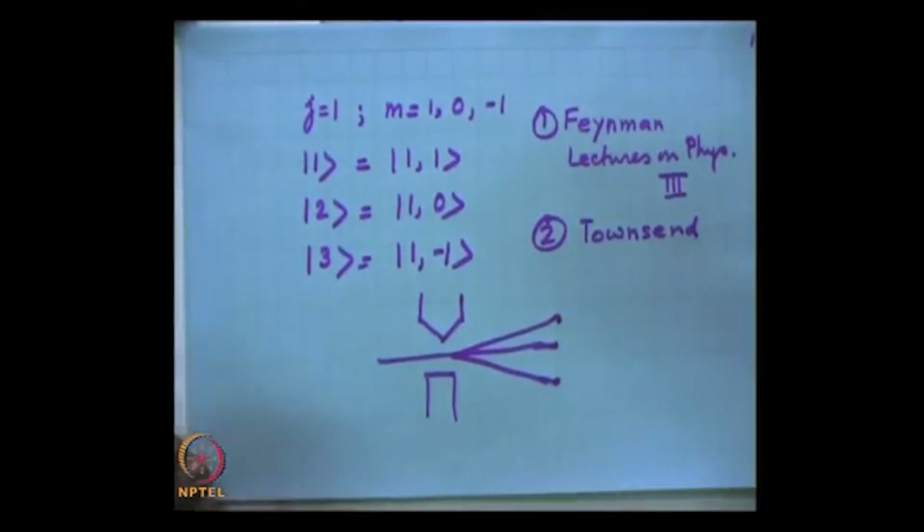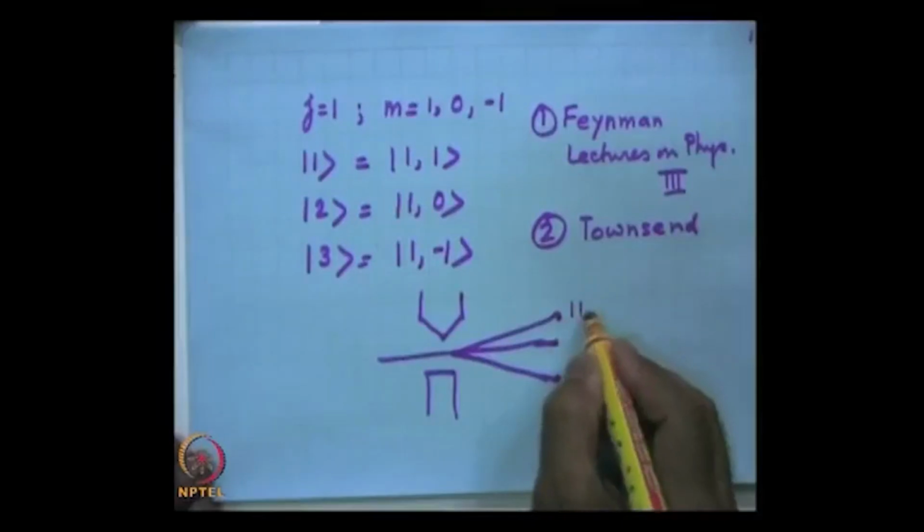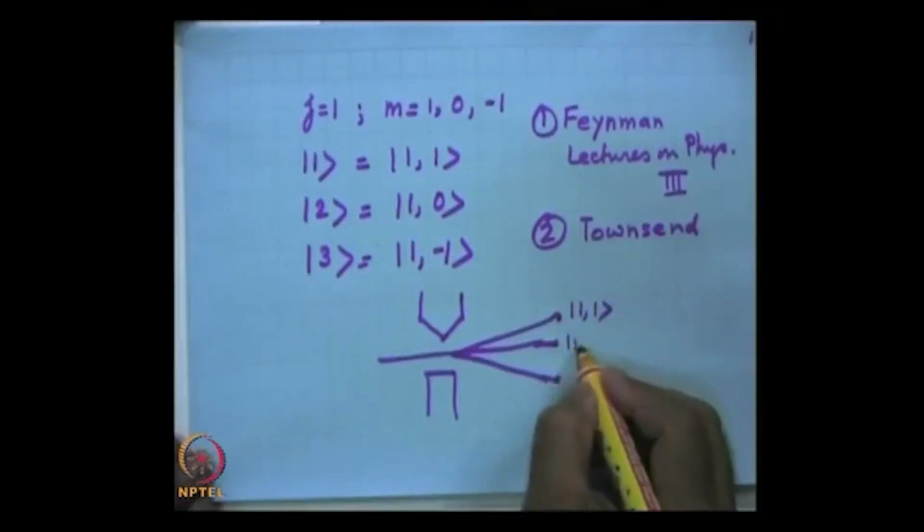The spin half problem is discussed at many places, including in my own book with Professor Lokanathan. So, this will correspond to the |1,1> state, |1,0> state, and |1,-1> state.